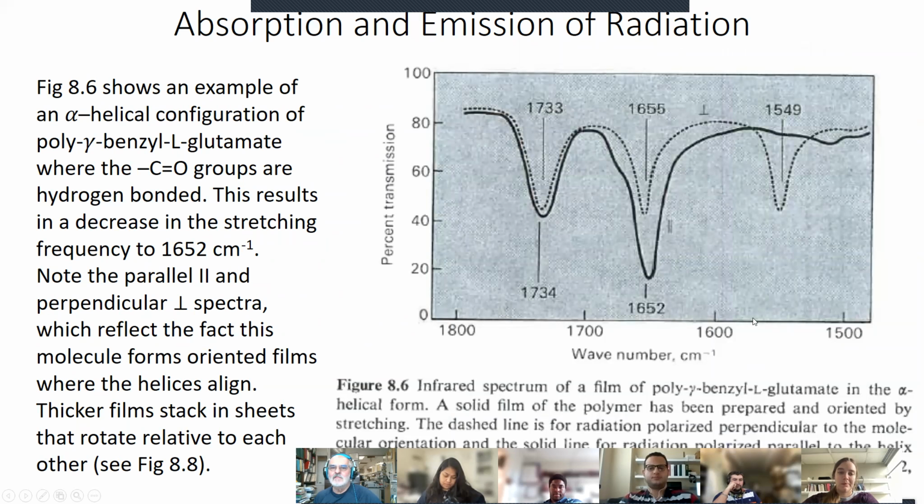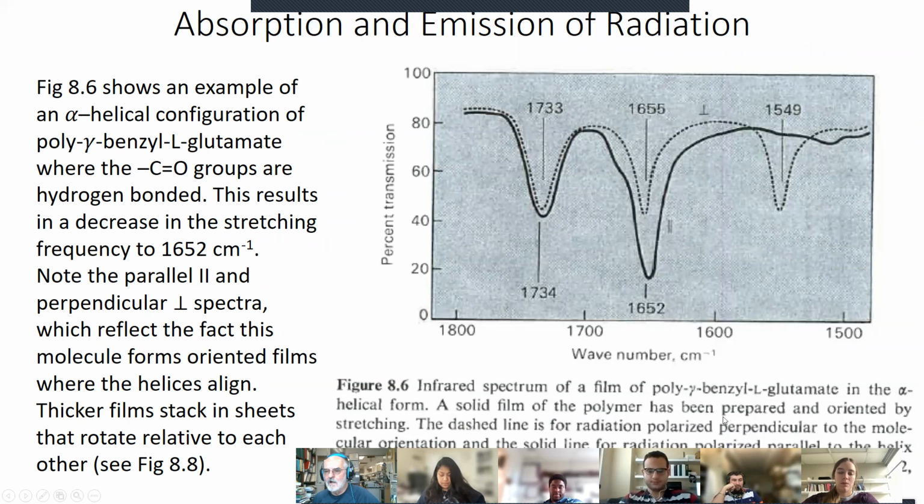Okay, so this shows an example of poly-gamma benzyl L-glutamate in alpha helical form. And notice it's a solid film of the polymer, just as I just described. It says it's been prepared and oriented by stretching. So what they're trying to do is get all of the helices to line up.